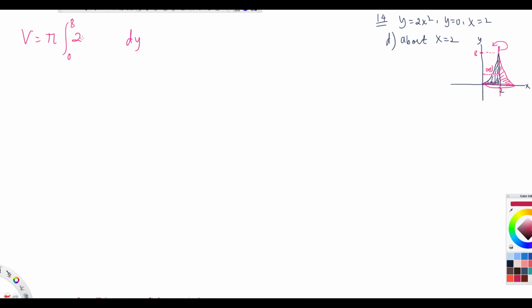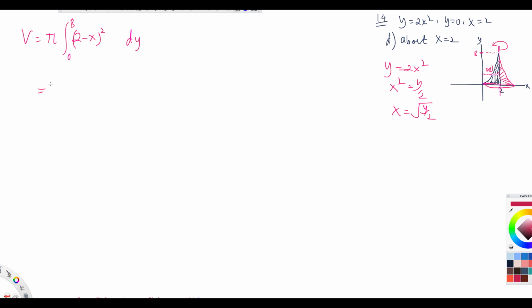It will be 2 minus x squared, but we need a function of y, so x should be changed into y. So y equals 2x squared, so x squared equals y over 2, so x equals the square root of y over 2. I will plug that in here.